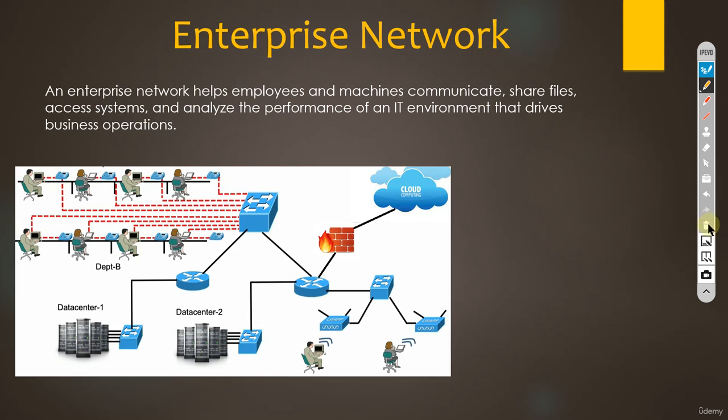The same objective we want to achieve in our enterprise network as well: sharing files, accessing the system, analyzing the performance, and these kinds of things. So the goals are the same. This is how the enterprise network looks like.